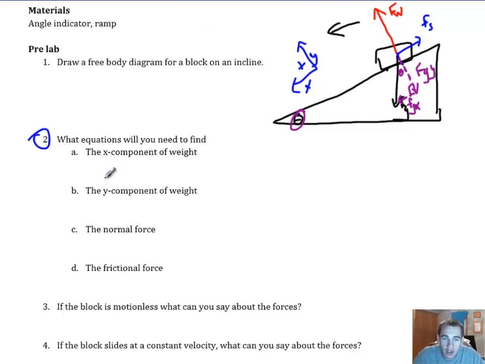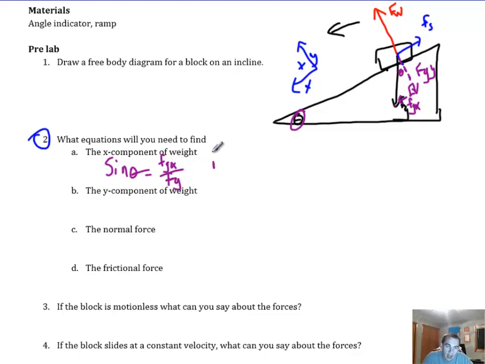It says, what equations will you need to find the x component of weight? Well, the x component of weight is the x value of gravity right here. And so we're looking at this side opposite the angle. The sine of the angle is equal to the opposite side, which is the force of gravity in the x direction, over the force of gravity, the hypotenuse: opposite over hypotenuse.